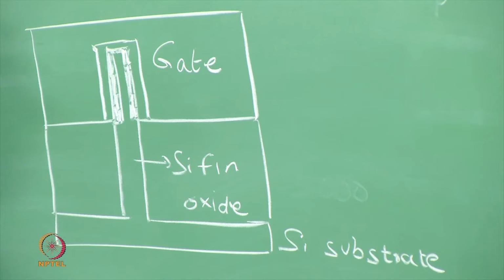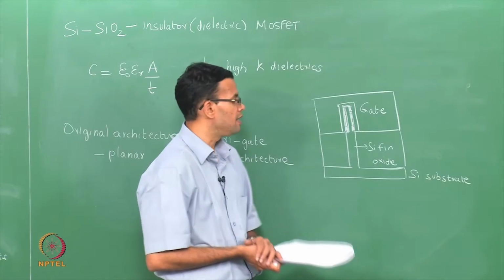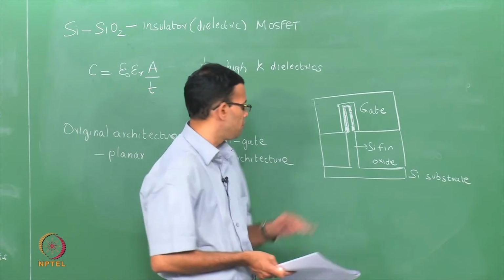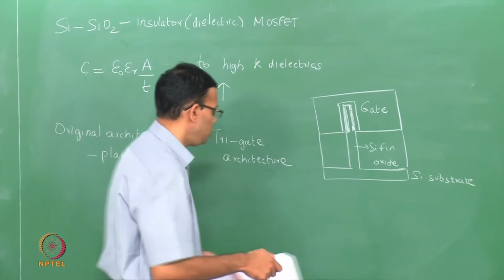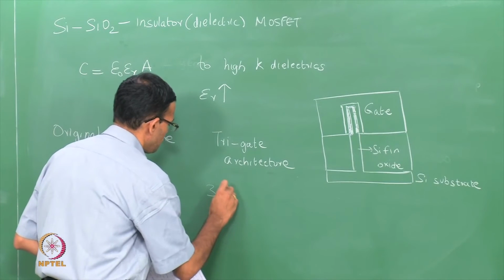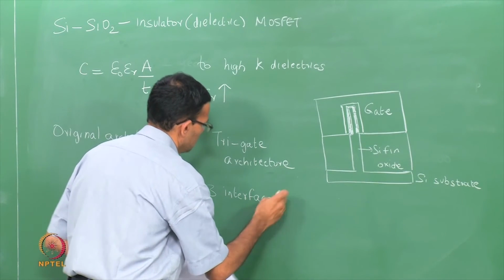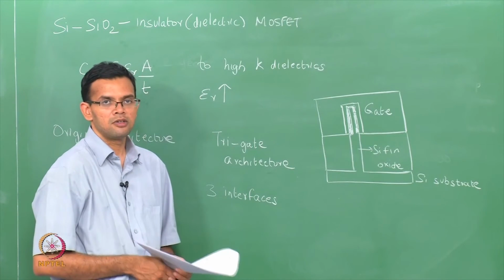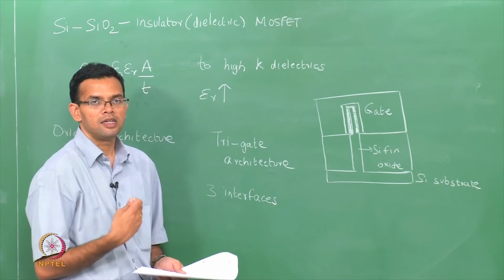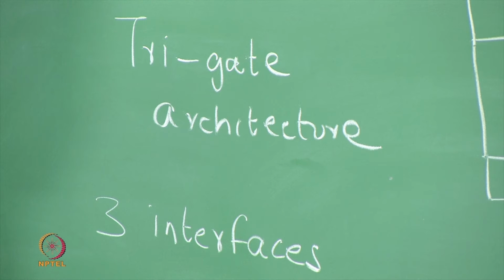The advantage is that in the case of a planar technology there is one interface between the gate and the silicon, but in the case of a tri-gate technology you have 3 interfaces. So, this leads to a wider channel and thus improving the current in your transistor.